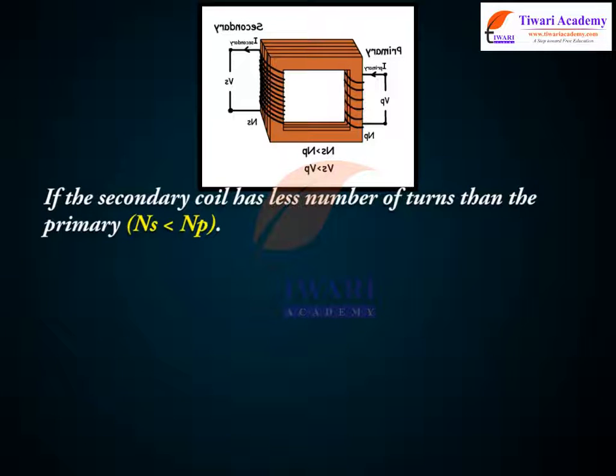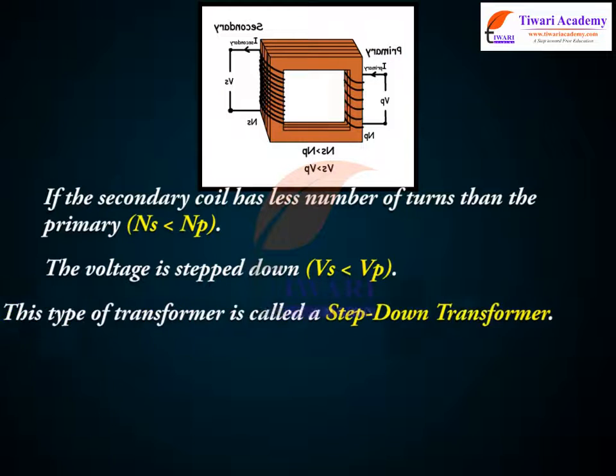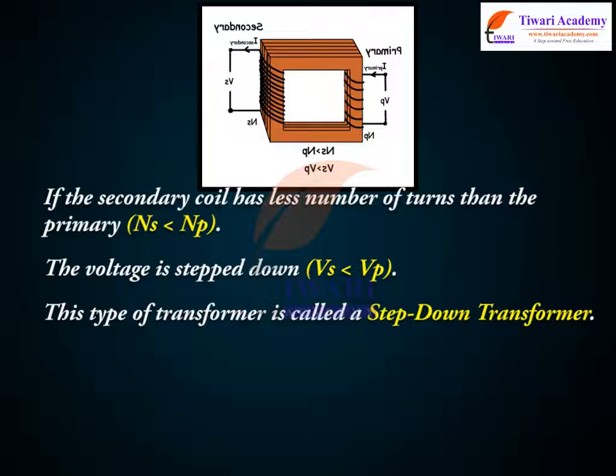If the secondary coil has fewer turns than the primary, Ns is less than Np, the voltage is stepped down. Vs is less than Vp. This type of transformer is called a step-down transformer.